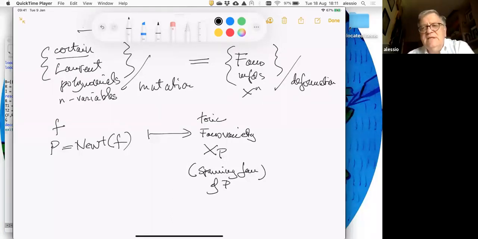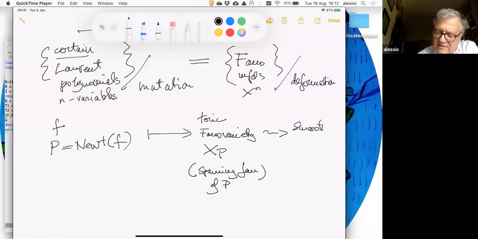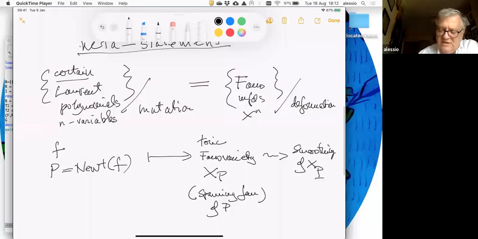Now, this toric variety is in general singular, and somehow the Laurent polynomial is supposed to also tell you how to make a smoothing of X_P. In all cases, this is how the correspondence works in this direction. You take f and you take a smoothing of X_P, that's the family, the corresponding deformation pair.